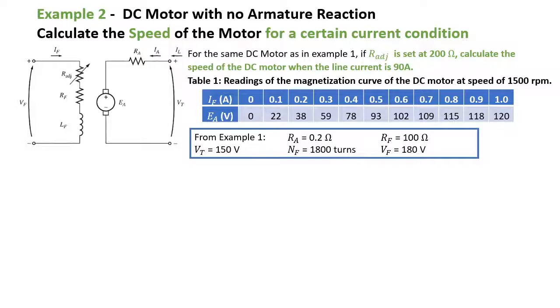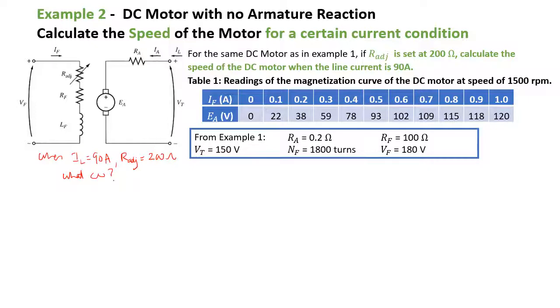Okay, so the question is: when IL is 90 amperes and R adjustable is 200 ohms, what is the speed?